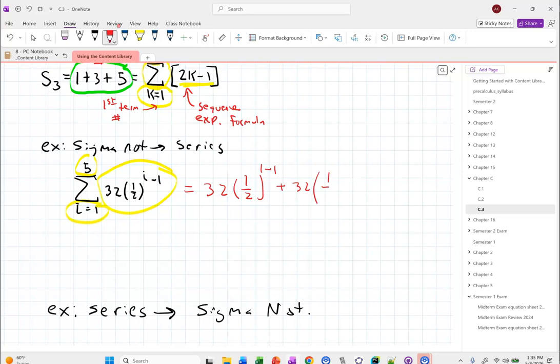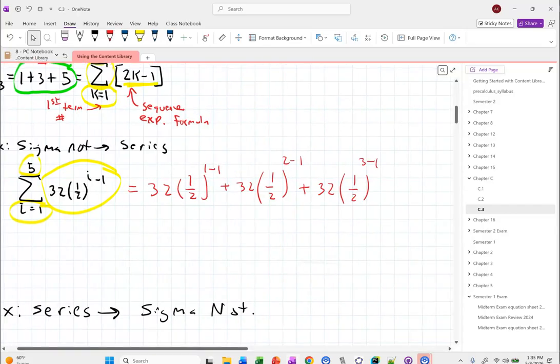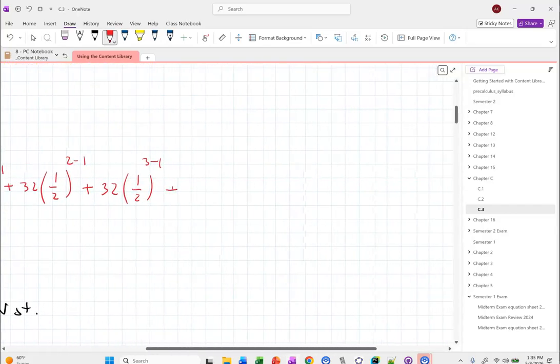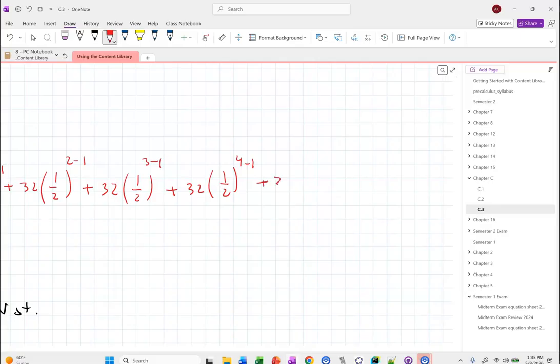So now I'm just going to iterate this through, plugging in the digits 1, 2, 3, 4, and 5 in for i. What do you guys think there? So far, so good?